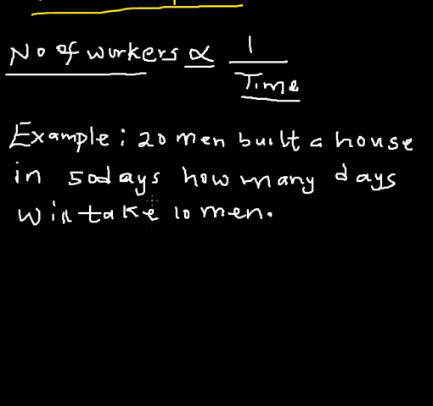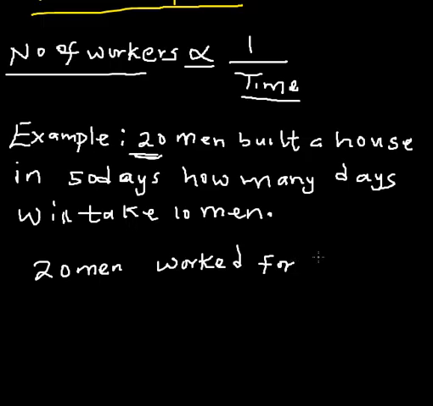Okay, so you know what we do? We state what was given, the proportion that was given, then we will find the value for just one, for 1 man. So 20 men worked for 50 days. Let me shorten my sentence.